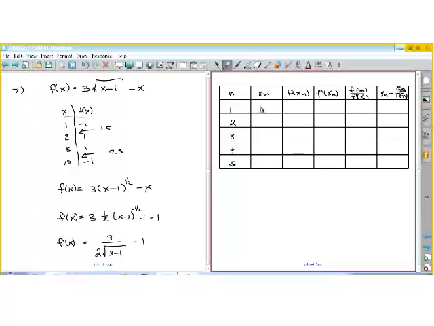The reason I knew I messed up is that when I was evaluating the function, I was getting a negative square root, so I knew something messed up somewhere. Okay, 3 times square root of 1.5 minus 1, minus 1.5, and I get 0.6213.